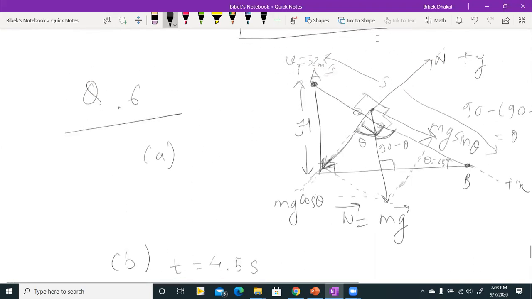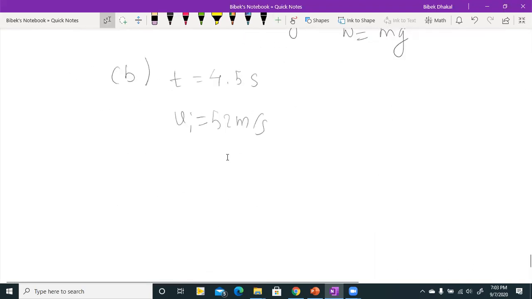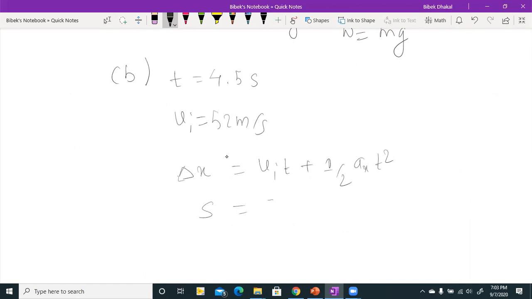To find the distance s, we need to use the equation of motion. The equation we can use here is delta x equals the initial velocity times t plus half a x t squared. Your delta x is s here, vi is 52 meters per second, and your time is given, 4.5 seconds, plus half.